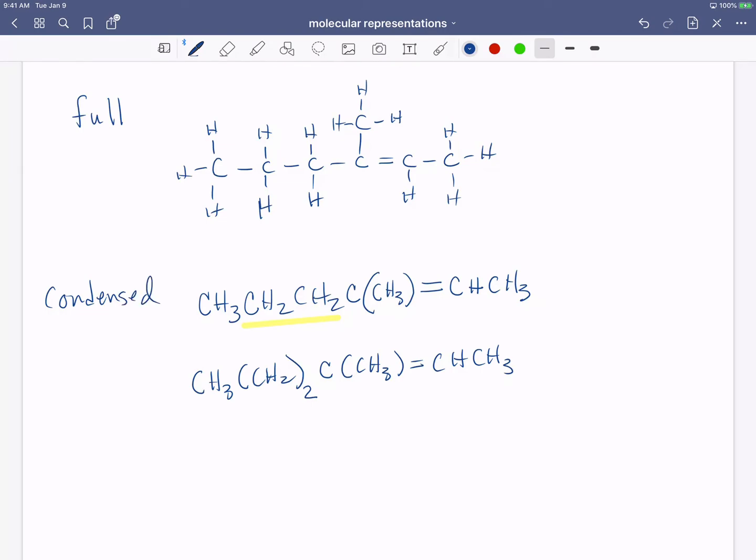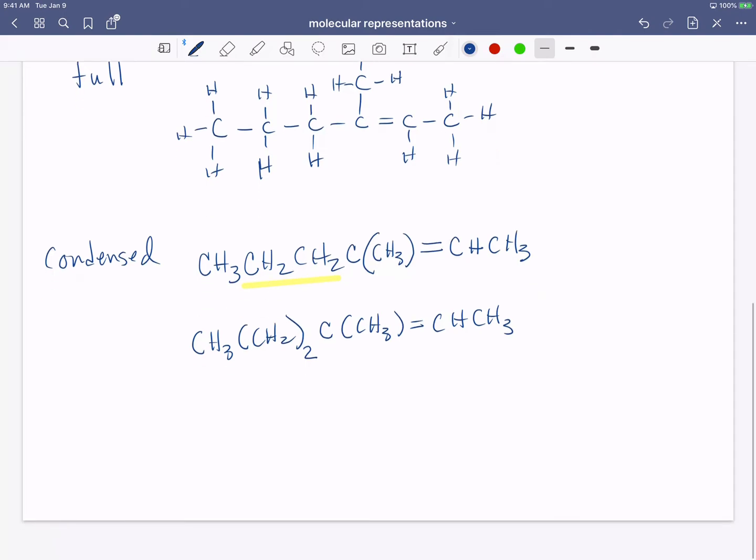Now, the thing that really confuses students is you have to figure out: is the thing inside the parenthesis a linker, just a condensed way of doing a longer single chain? Or is it a branch that's going to sprout out? What I tell students is go ahead and look at what's inside.